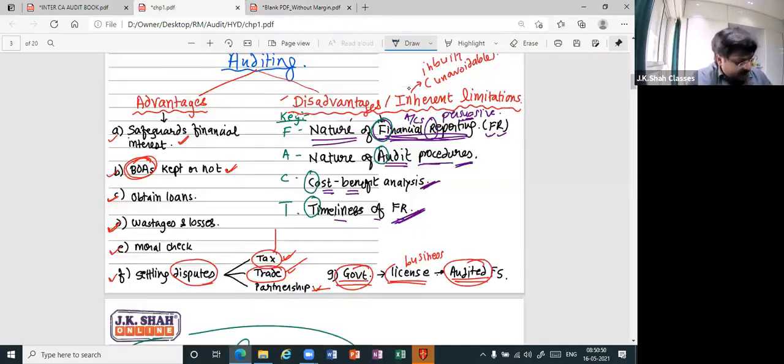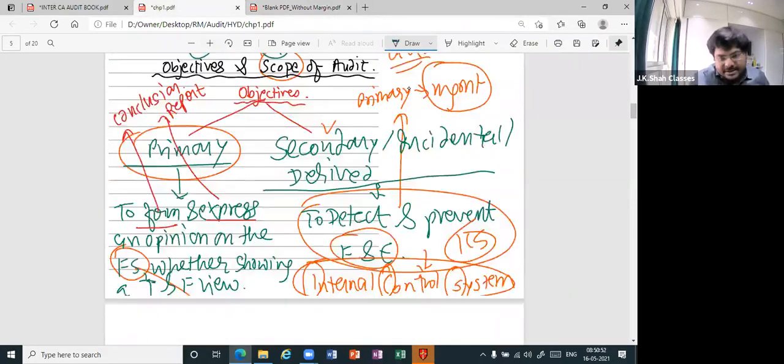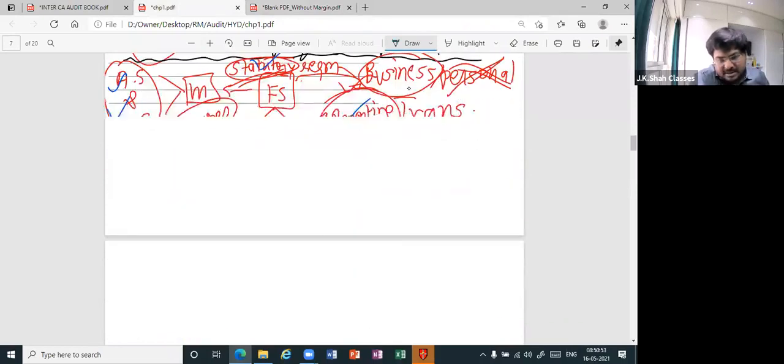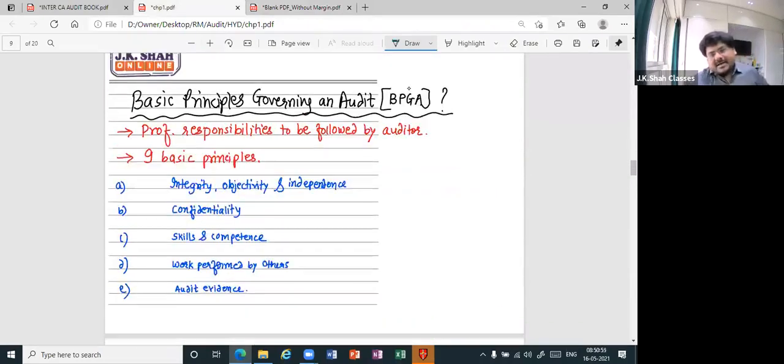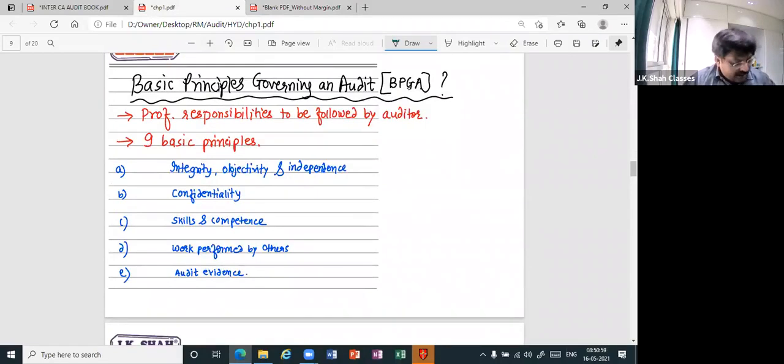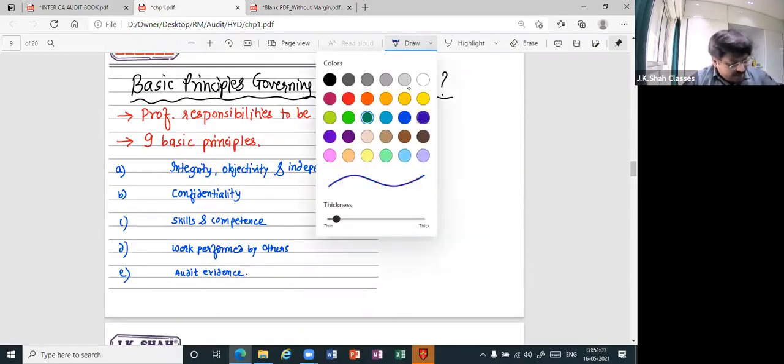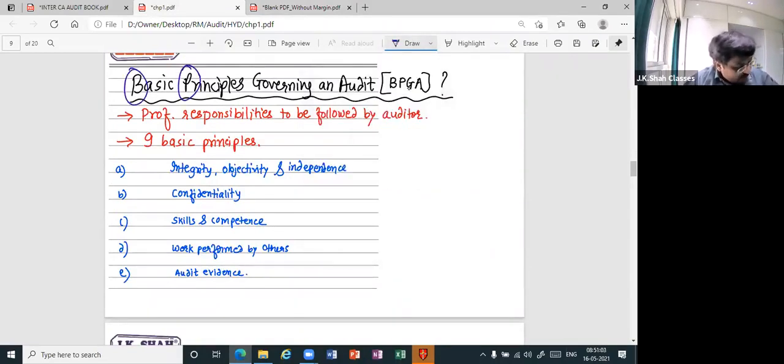Now, what are basic principles governing an audit? I have done all the homework and kept ready. In short, I will tell it BPGA. Basic principles governing an audit. Now, what is BPGA? Two simple words, professional responsibilities. Professional responsibilities of whom? Of the auditor, to always be followed whenever he is carrying out an audit.